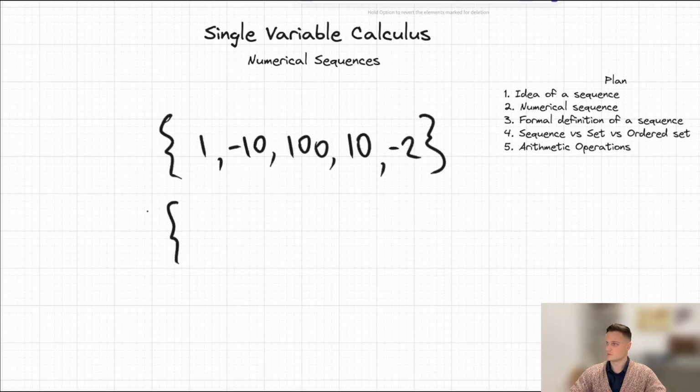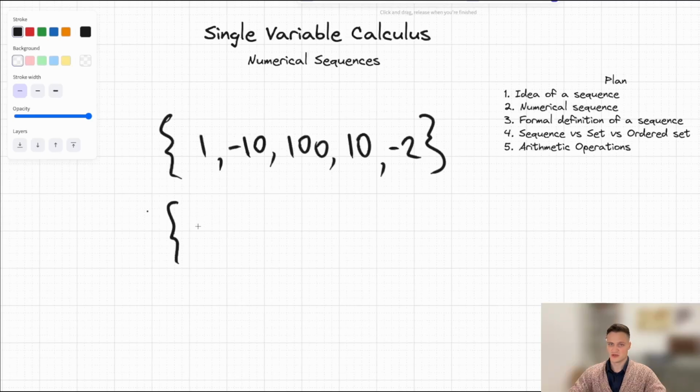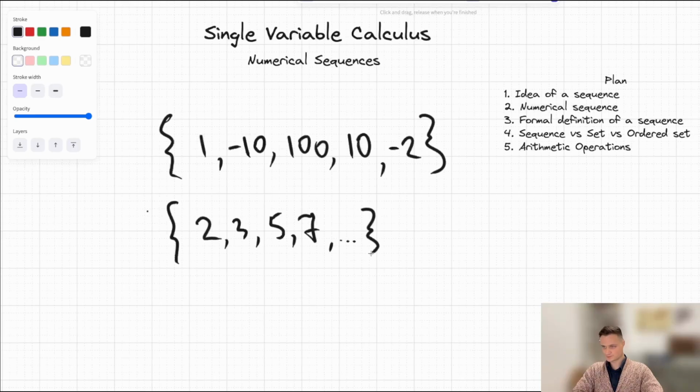So this is 2, 3, 5, 7, and so on. This is an infinite set, and this is defined by the definition I gave you. So this is a sequence of the numbers which don't have other divisors except 1 and themselves.